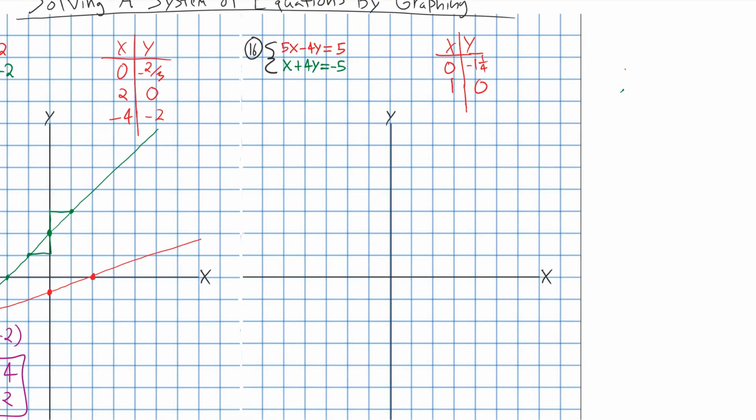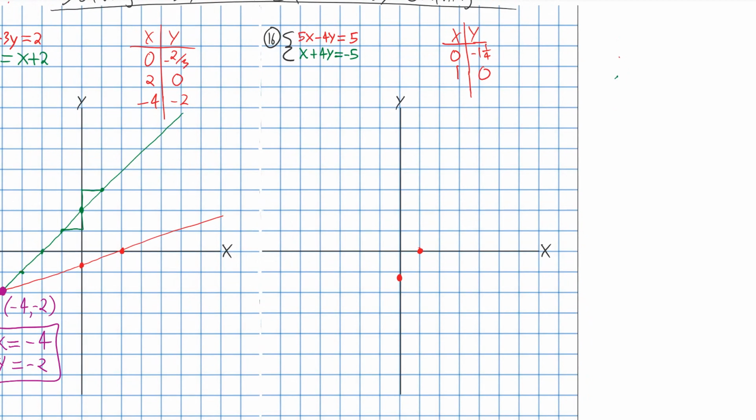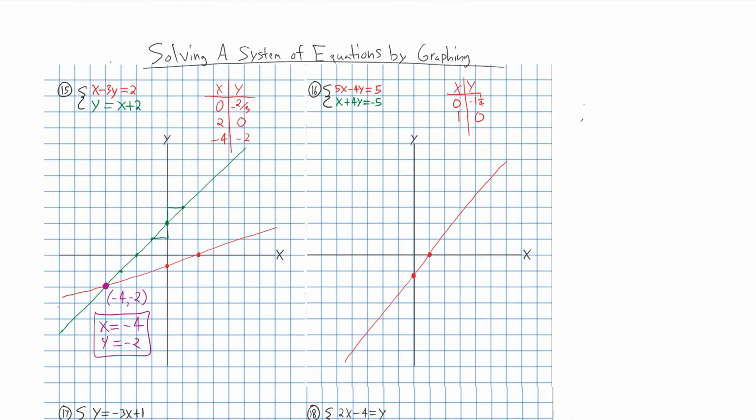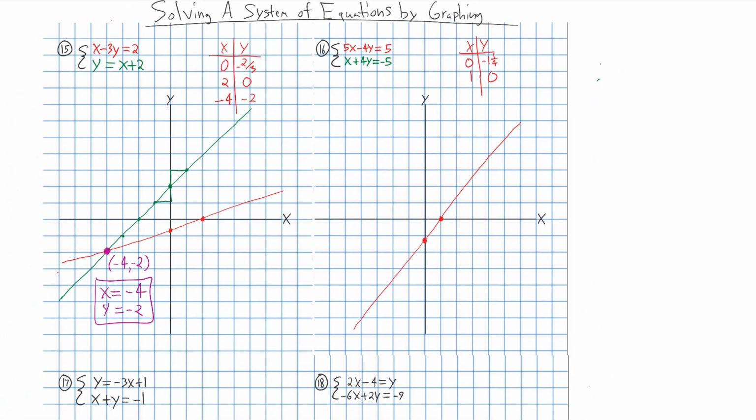So 1, 0 would be here, and 0, negative 1 and 1/4 would be about here. And again, we're going to need to plot another point somewhere because this line needs to be exact. Let's see, what else can we do? We'll worry about that later.